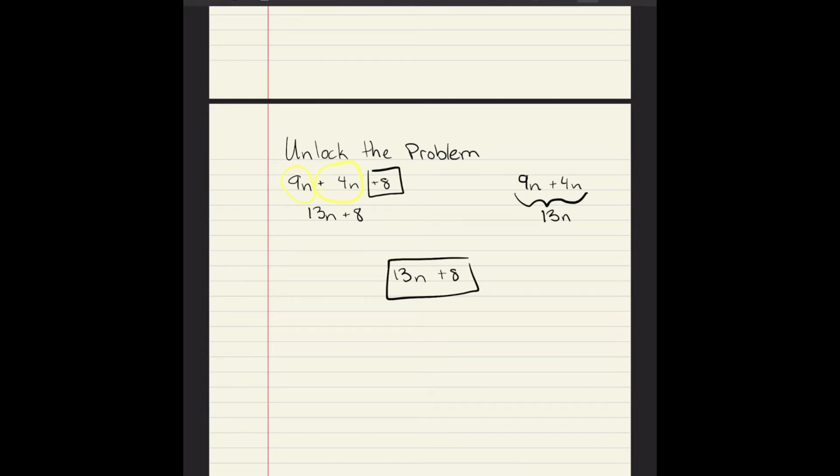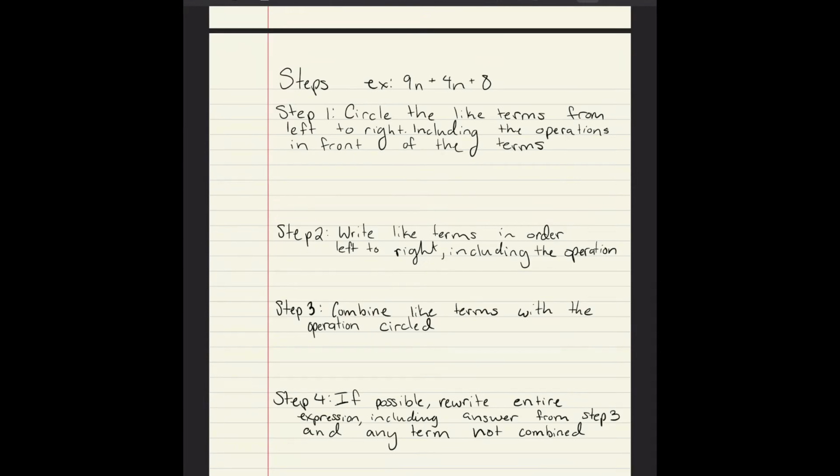All right, let's look at the steps. We're going to use the same example from Unlock the Problem, 9n plus 4n plus 8. Step 1 is circle the like terms from left to right, including the operations in front of the terms.